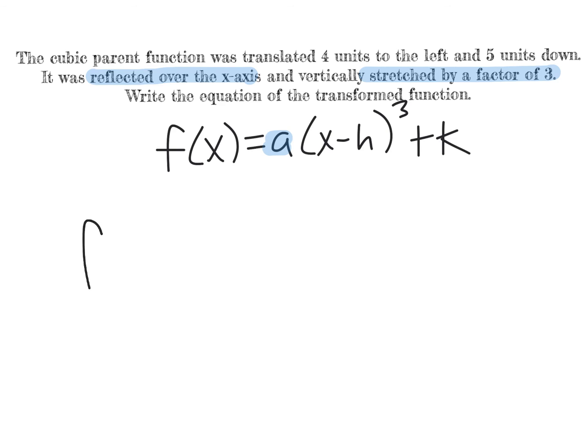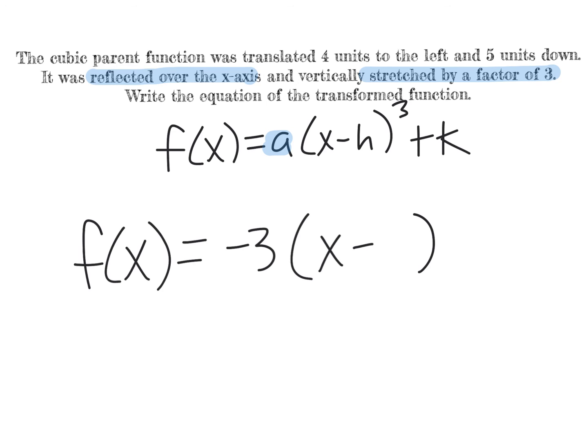So let's start with our function. Let's say that our function is going to be f of x equals -3, and we'll write the h and k here in a minute. It also says, we'll do this in red, this minus h part and the k. The cubic function was translated 4 units to the left and 5 units down.